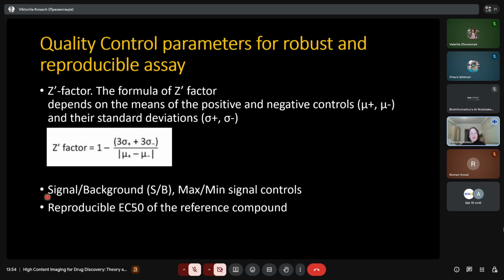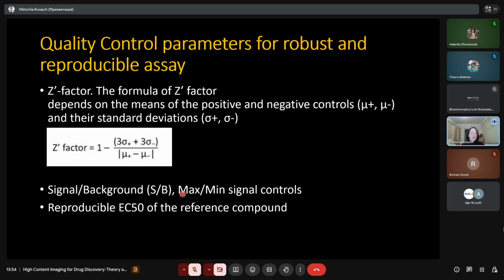So the second parameter is the so-called signal to background. It's your signal window of the assay, but actually it's the same as max to mean signal from the signal controls. For example, if you are testing inhibitors of your target expression, then your max signal will be vehicle.